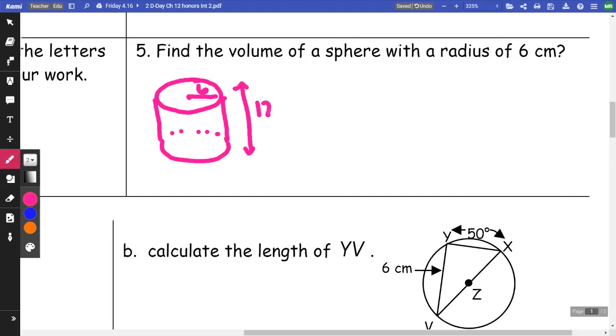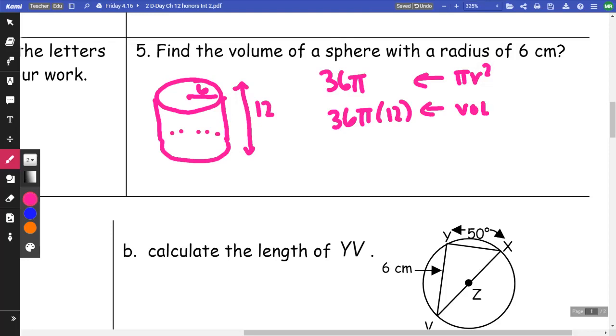The diameter of this is 12. So I'm really basically going to do 36 pi because it's pi r squared. Then I'm going to take that and times it by 12 to get the volume of a cylinder.